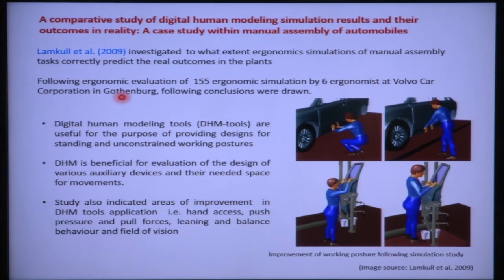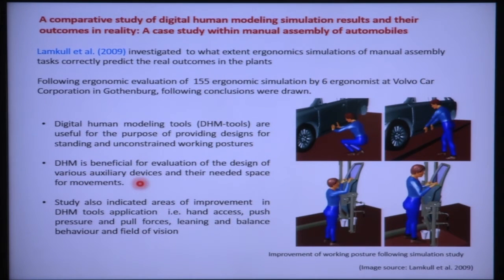Following ergonomic evaluation of 155 ergonomic simulations by 6 ergonomists at Volvo Car Corporation in Gothenburg, the following conclusions were drawn. Digital human modeling tools, DHM tools, are useful for providing designs for standing and unconstrained working postures.